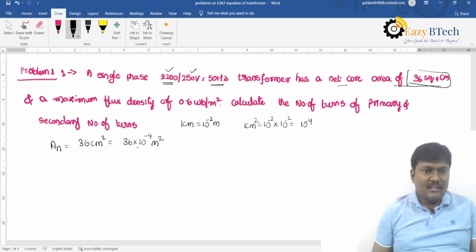And the maximum flux density Bmax is equal to 0.6 Weber per meter square.